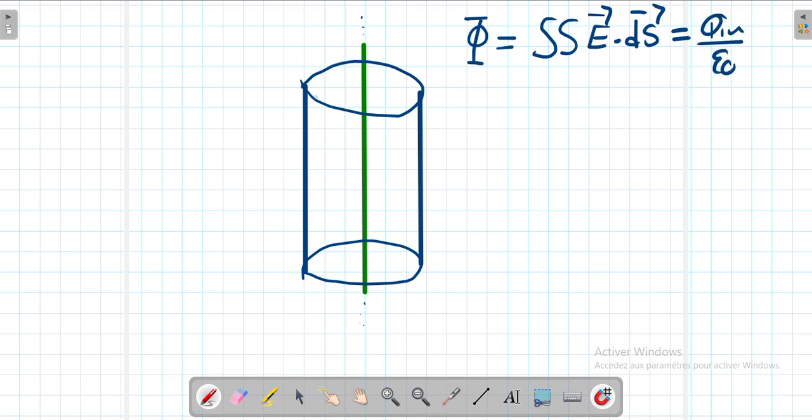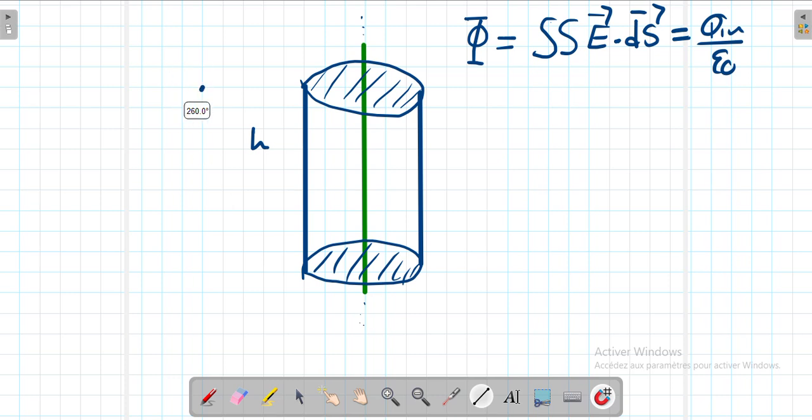The whole essence of using a cylinder, which we call a Gaussian surface, is because here we're only going to consider the charge that is enclosed. So let's say this cylinder has a height of h. Okay, the height of this cylinder is h. So the only charge inside, we had an infinite wire.